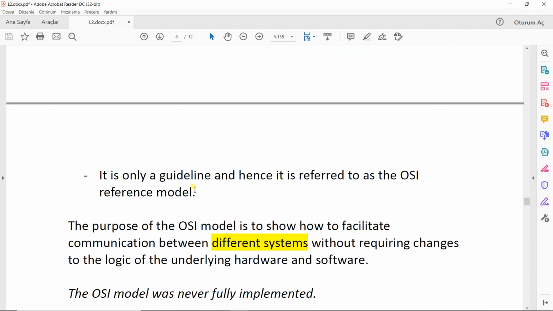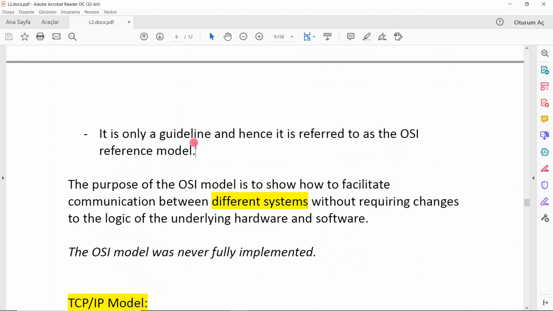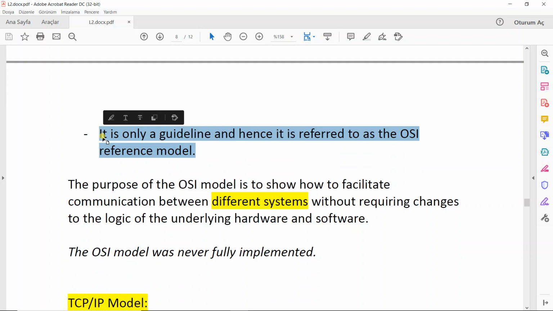Everyone knows ISO or has heard about it. It's only a guideline, and hence it's referred to as the OSI reference model. It's only a guideline, which means that you don't need to stick with it when you are developing, designing, and building networks. You can skip whatever you want, keep whatever you want, as long as your whole connection is successful and you are able to communicate with your end node successfully.